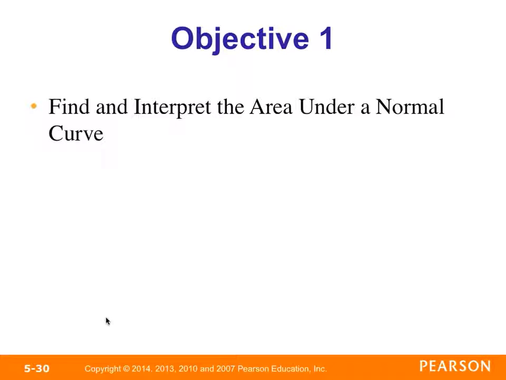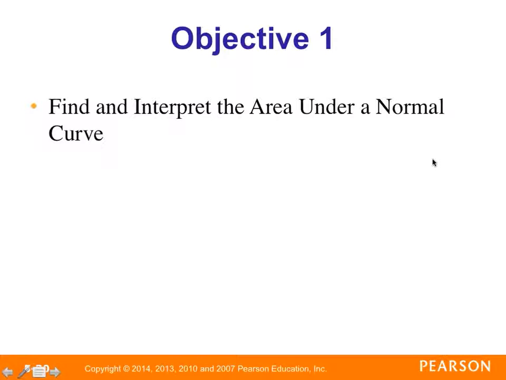If you have the actual physical textbook, it's A11. But if you have the ebook, you might want to open that up as well and then go to the appendix, and it's on A11, but it's table 5, the standard normal distribution, and that goes from A11 to A12. So we'll be using both of those pages, and you probably want to pop that open at this point because we're going to be using it.